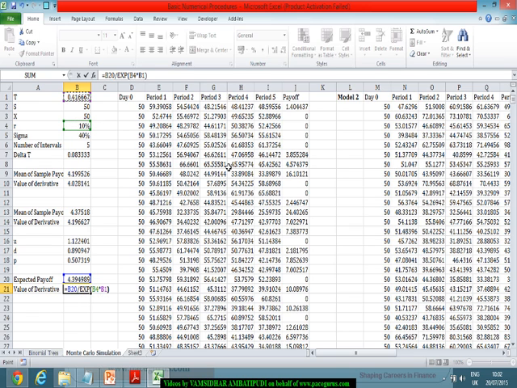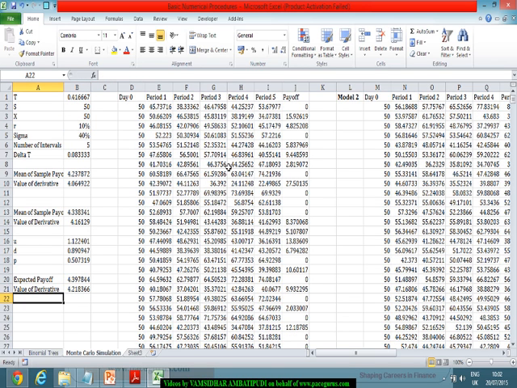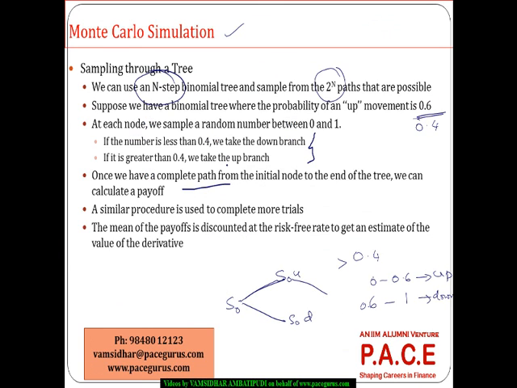So this we are getting as 4.21. So this is one more way in which I can use the Monte Carlo simulation to find the expected value of the payoffs, which can help me in finding the pricing of the derivative, right?